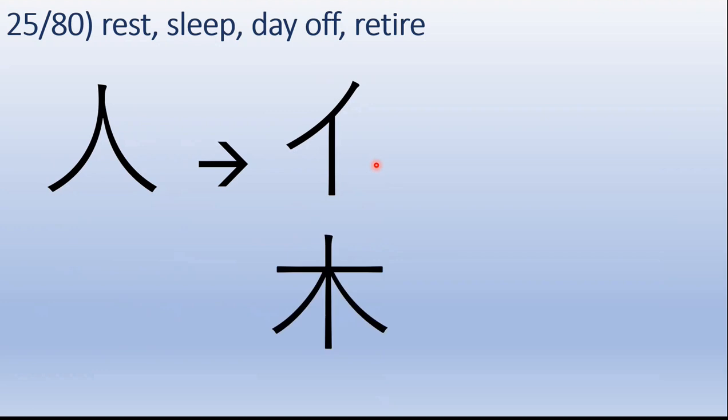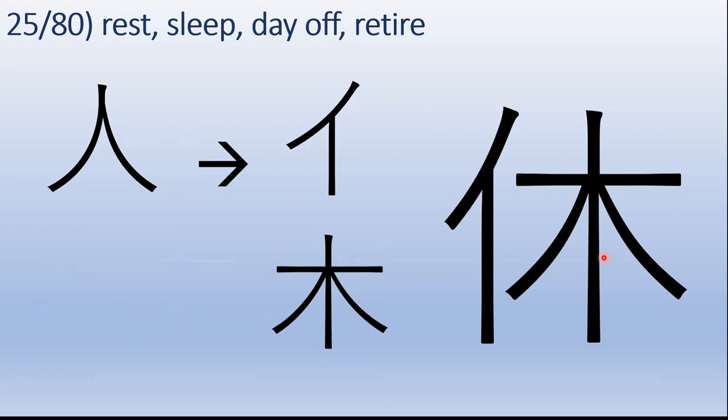So now we have this tree radical. Now if we combine these two, we get this. This is the reason why the person radical has been squeezed into this variation, to make space for the entire symbol, so that the entire symbol takes the same space as a radical.